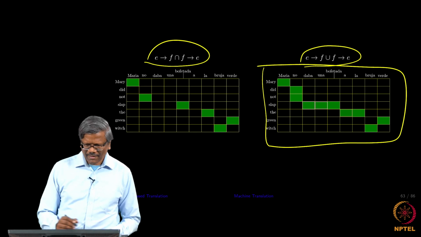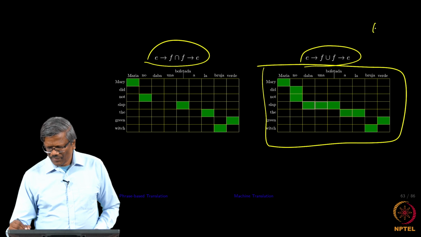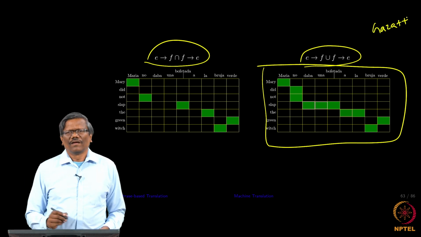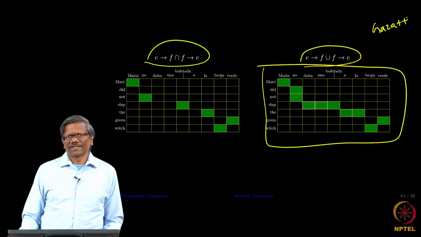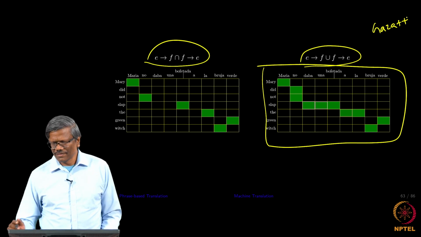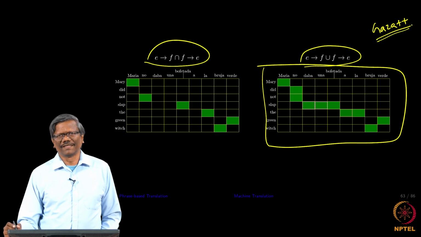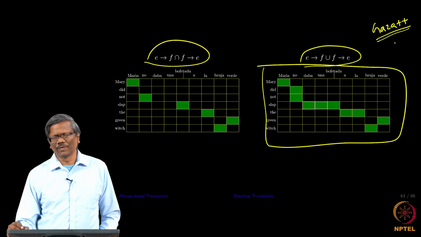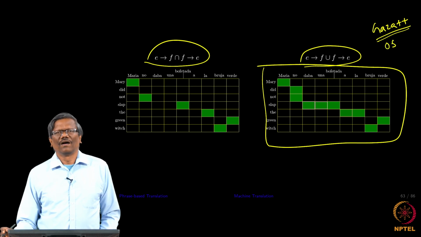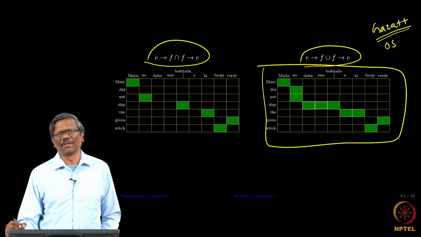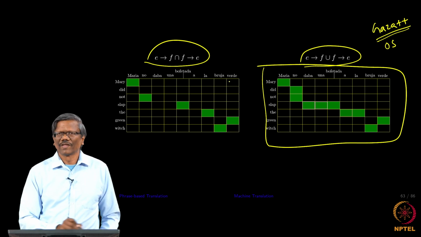For example, there is an application called GIZA++, which helps you in aligning two sentences in different languages. It is open source, you can download it and use this application to do the alignment.